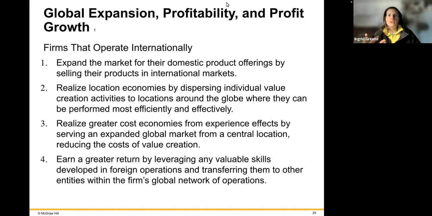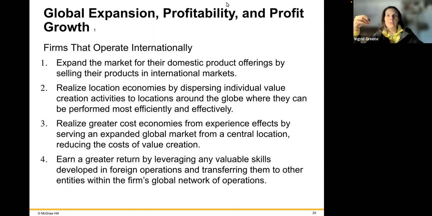So, firms that operate internationally, what happens when we talk about global expansion, profitability, and profit growth? First, as I mentioned before, we expand the market for the domestic product offerings, more consumers. Then we realize that there might be location economies by dispersing value creation activities to locations around the globe.